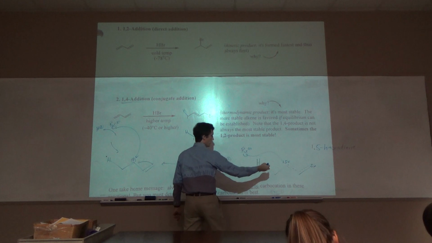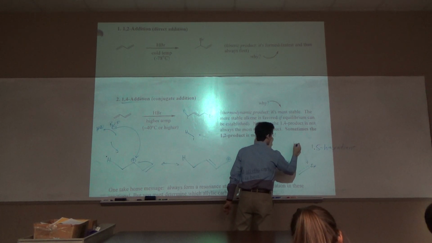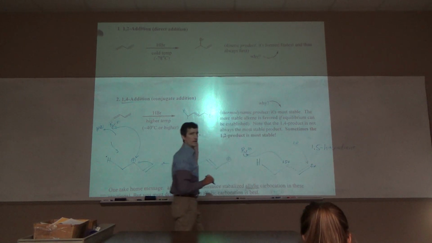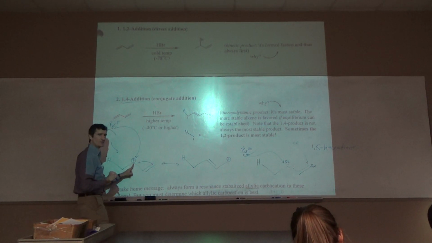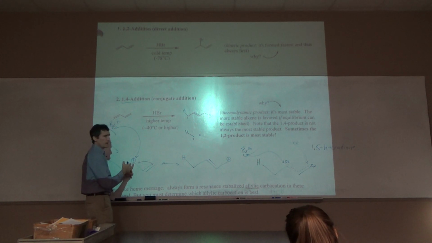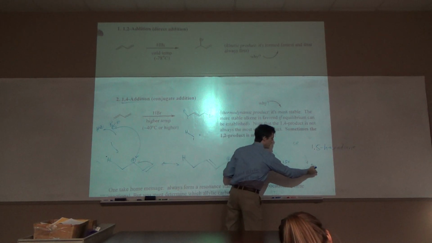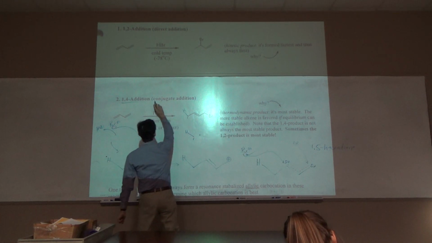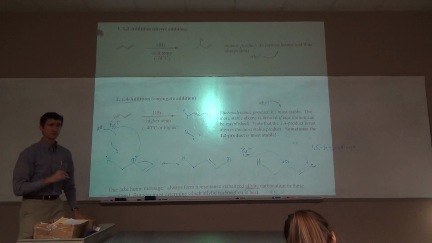Ultimately, that's 2 different sites it can attack because our cation is conjugated. Conjugated means the same thing as resonance. And because it's conjugated, that's why we can get the Br adding over here. And that's why this is also called a conjugate addition. It's another name for a 1,4 addition.